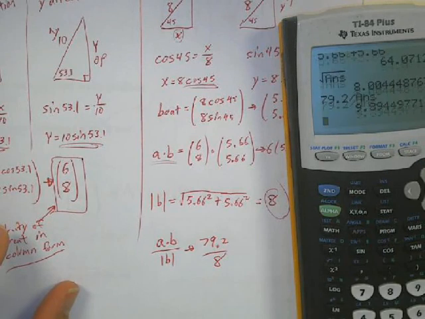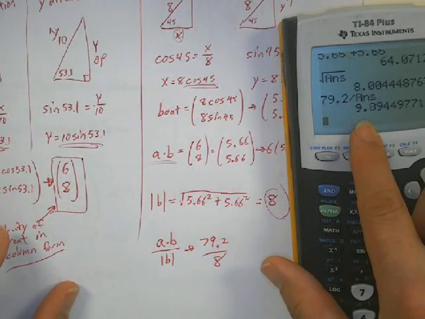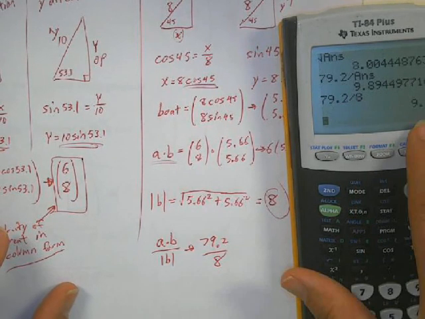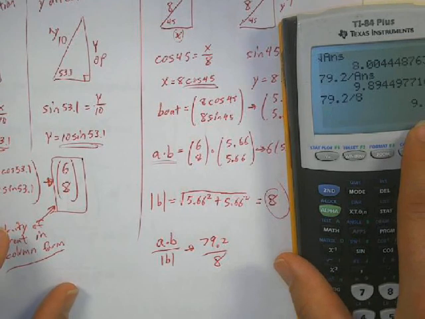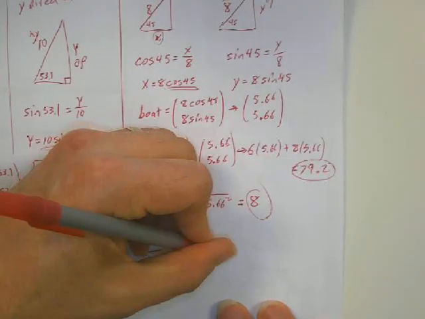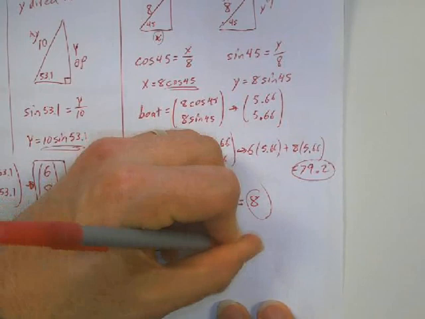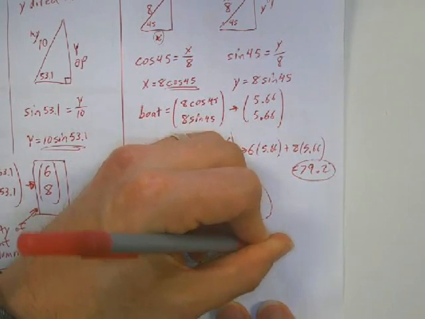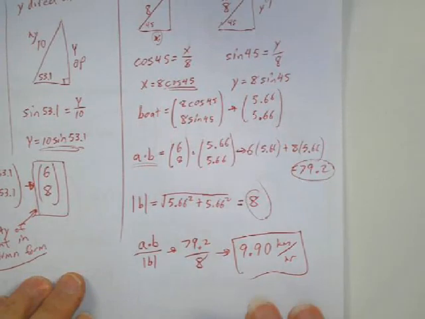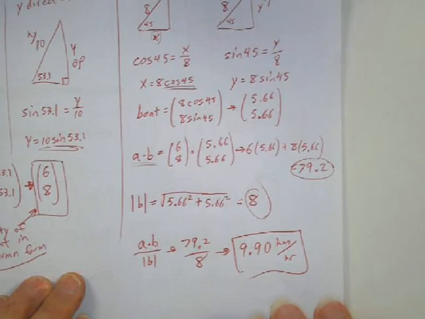And 79.2 divided by 8 gets me 9.90 kilometers per hour. And this is the component of the current acting in the direction the boat is traveling.